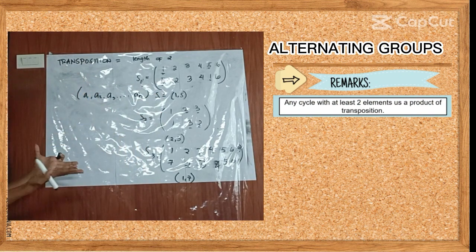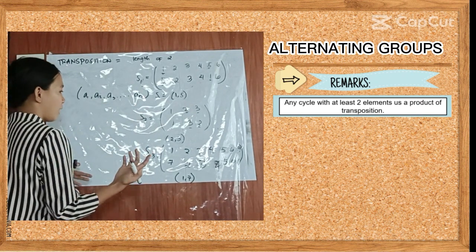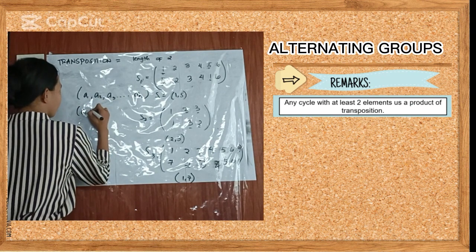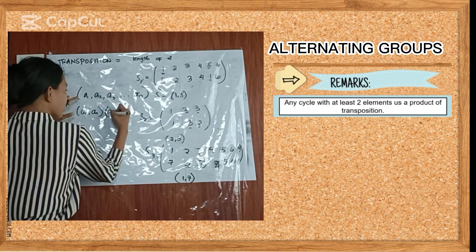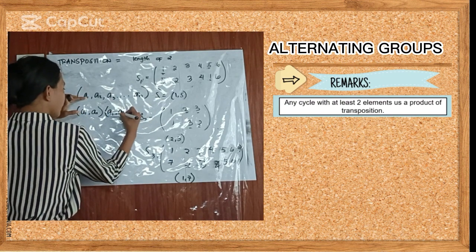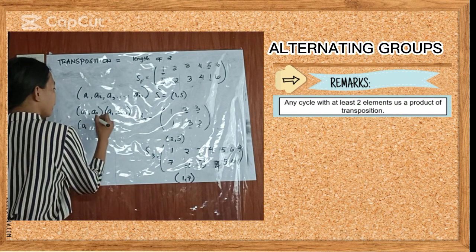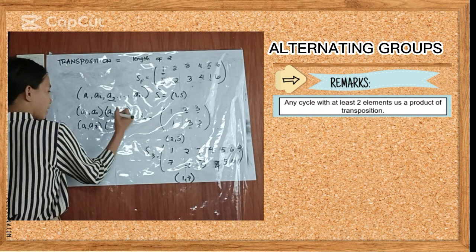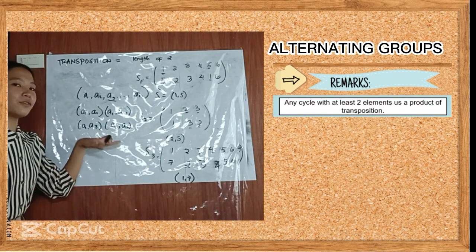We're going to write its transposition like this: A sub 1 and A sub n, then A sub 1 and A sub n minus 1, then proceed to A sub 1 and A sub 3, then A sub 1 and A sub 2. That is the first remark.